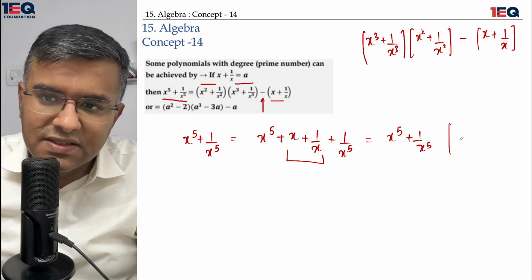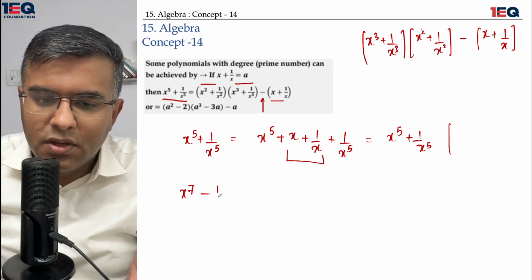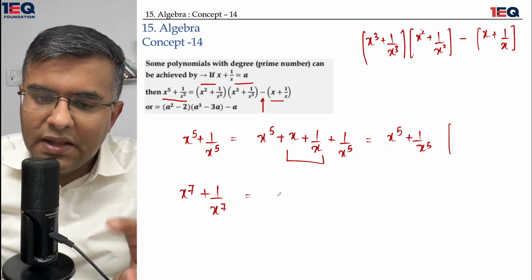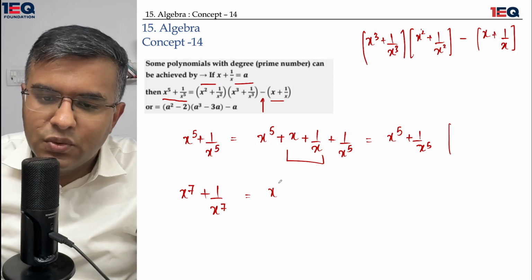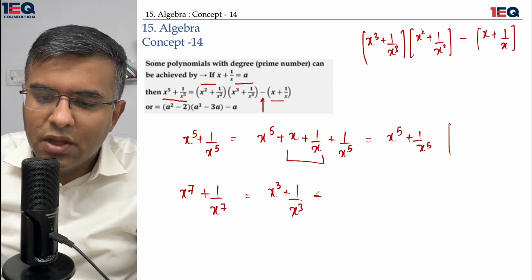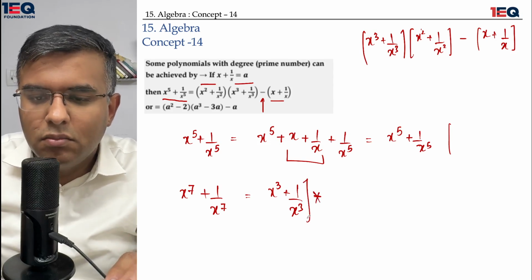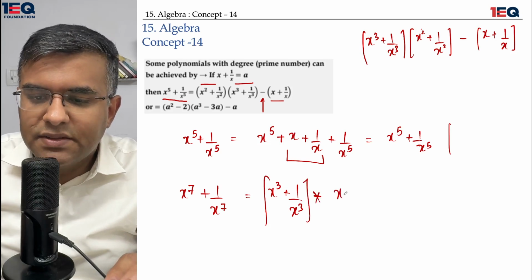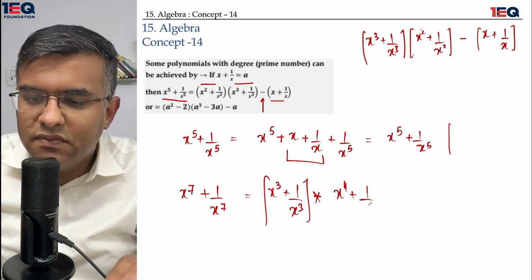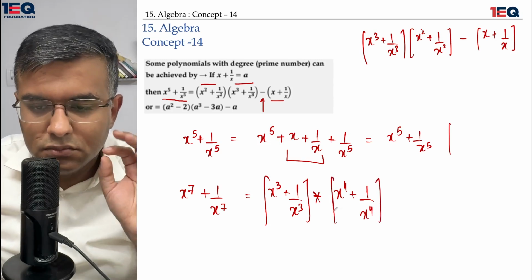You would face a situation where you would have to find out x raised to the power 7 minus 1 by or plus 1 by x raised to the power 7. At that time you will have to use the formulas of x raised to the power 3 plus 1 by x raised to the power 3 multiplied by x raised to the power 4 plus 1 by x raised to the power 4, right?